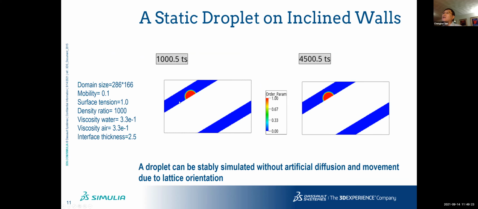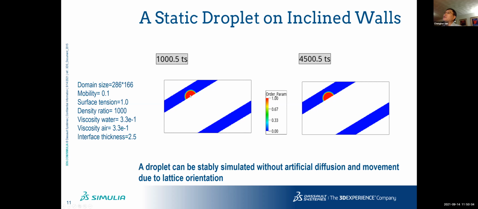So this is a very simple case, a droplet on an inclined wall. In our model, the droplet stays in place and takes the developed shape. With time, it does not move. This case looks very trivial, but it's quite difficult for some of the two-phase models to simulate.